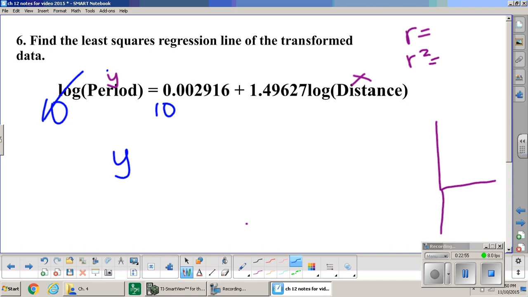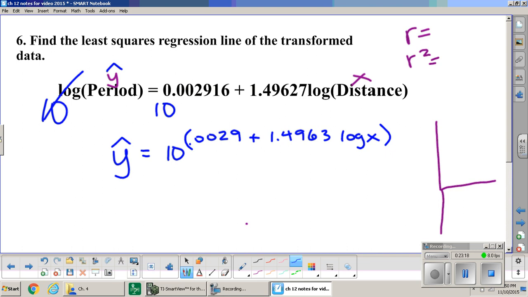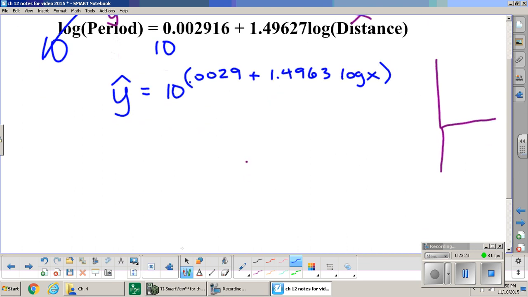Y hat equals 10 to the 0.0029, I feel like rounding, plus 1.4963 log x. All of that is an exponent right now. All right, and keep going.